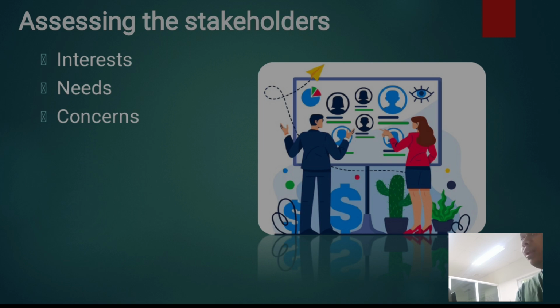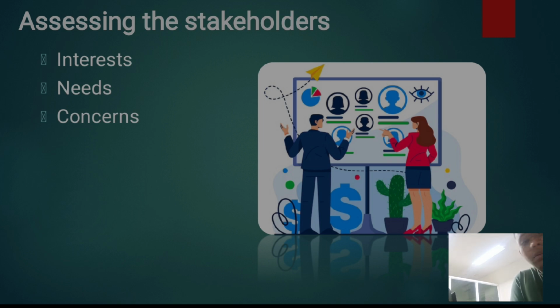Does it progress well? Does it have certain threats and opportunities along the way? So in order to assess the stakeholders, we should always know what they think about the organization. So also what they need, both personally and in contribution to the improvement of the organization.